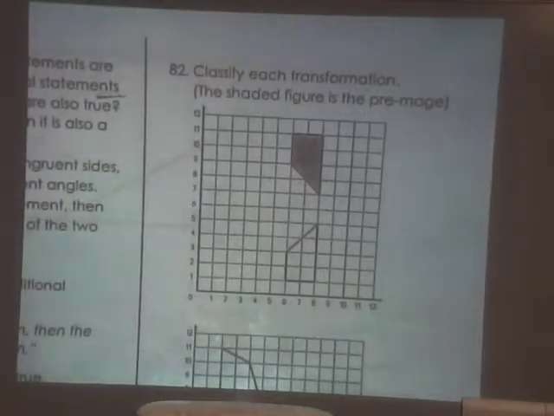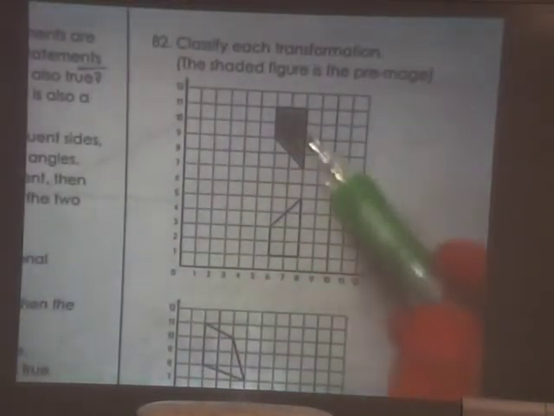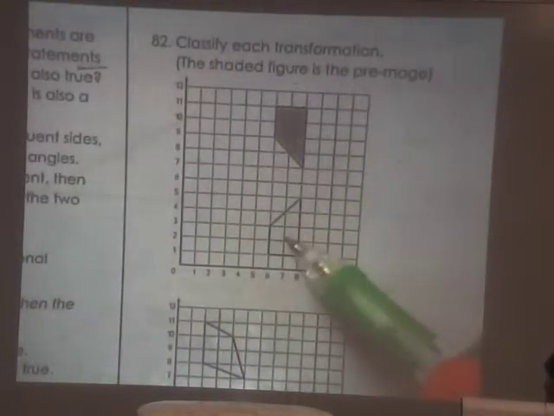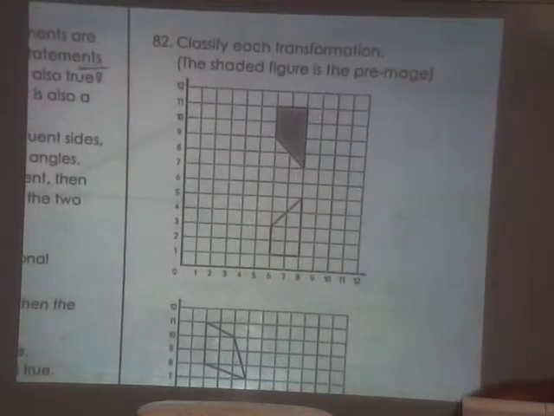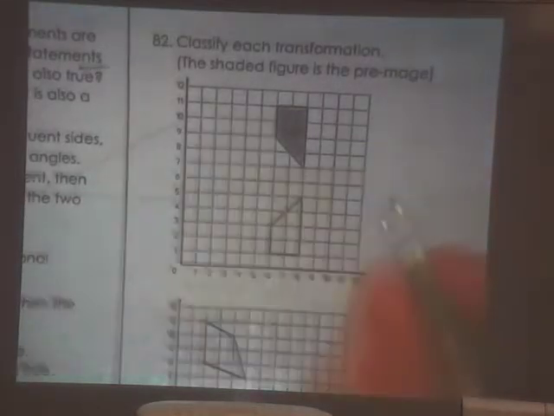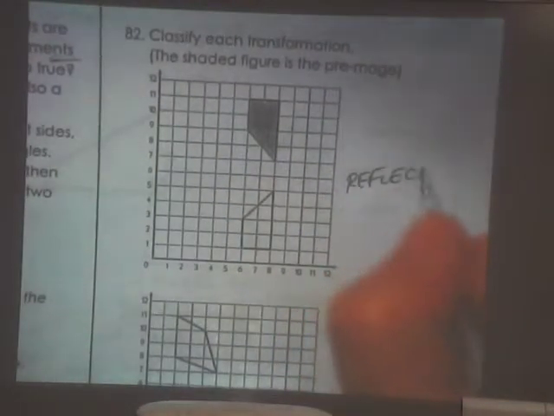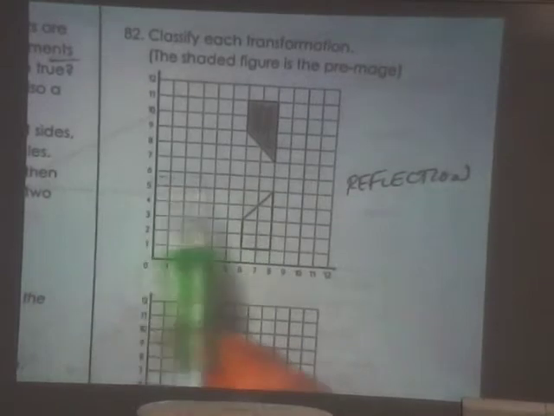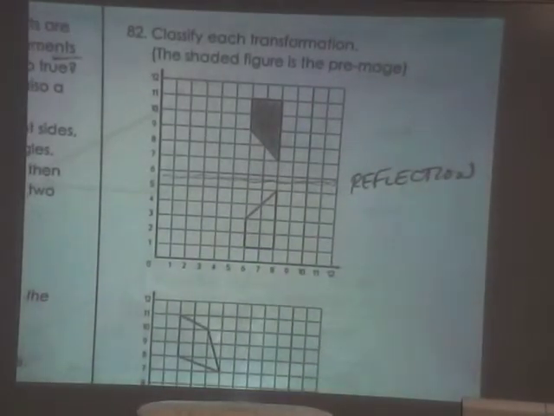Classify this transformation. The shaded area is the pre-image. So we're starting with the shaded area, and we go to the unshaded area. What kind of transformation is that? Looks like a reflection, right? So y equals 6.